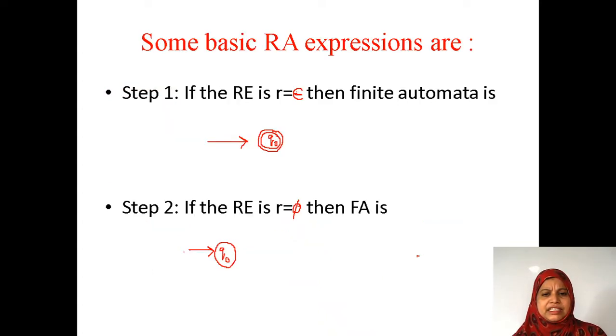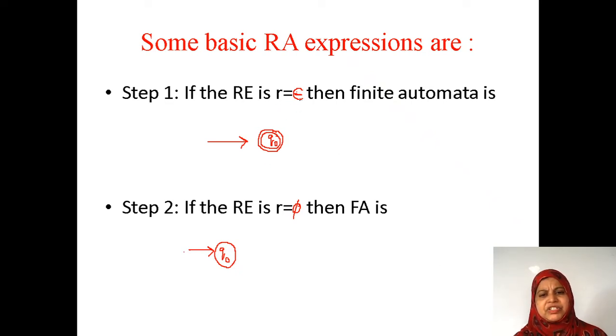Here, if any regular expression has just an epsilon move, then the finite automata of that particular regular expression is just one state. That particular state doesn't have any input symbols, A or B or 0, 1. That particular state, the initial state, is the only final state.